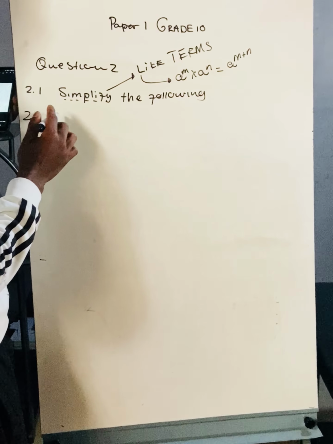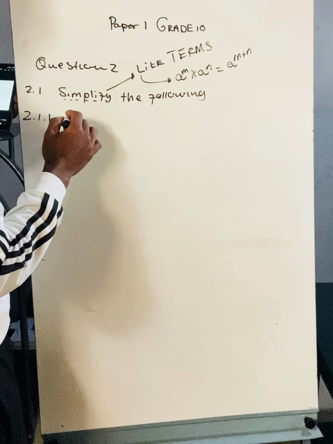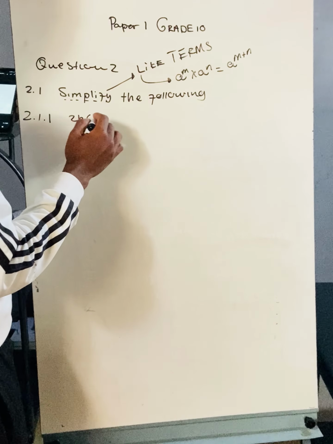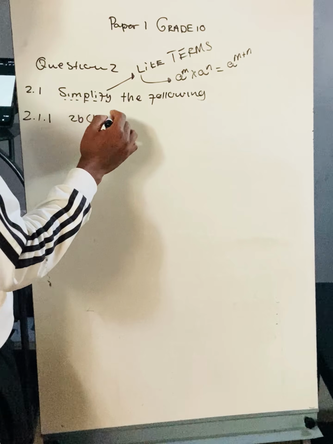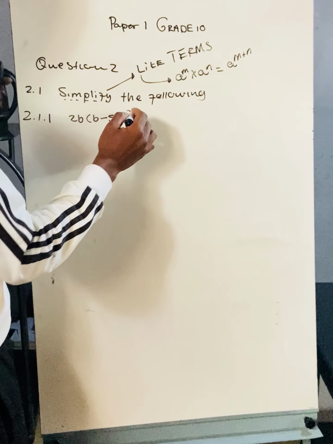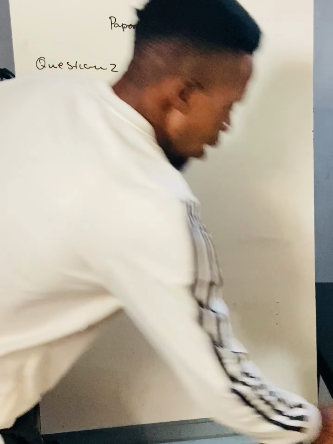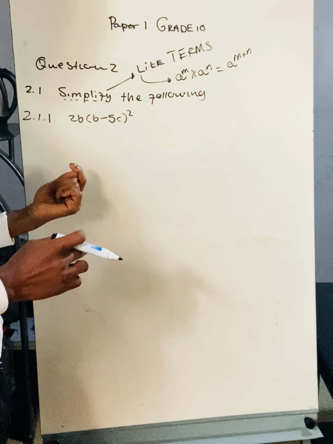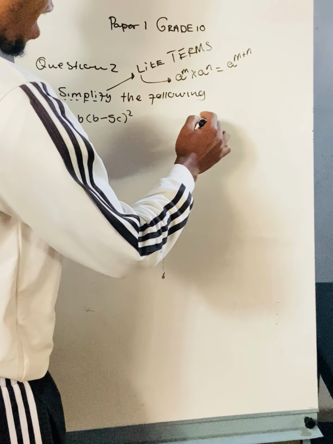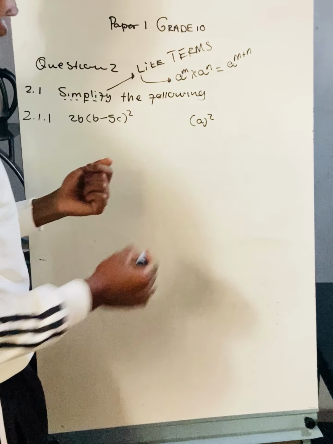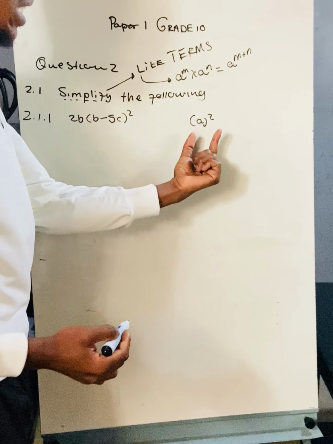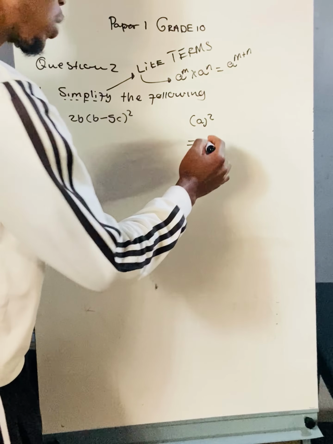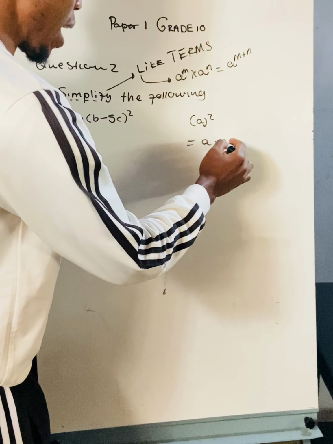So the first question that we have is 2b, open bracket, b minus 5c, then we have squared outside. Therefore, what does this squared mean to you, guys? It means I must expand this, and it's the same as saying a multiplied by a.